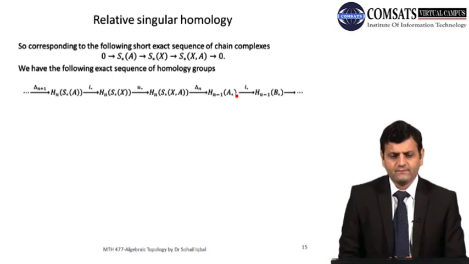So we constructed this short exact sequence. This is the singular chain complex on A, the singular chain complex on X, and the singular chain complex on the pair (X,A).